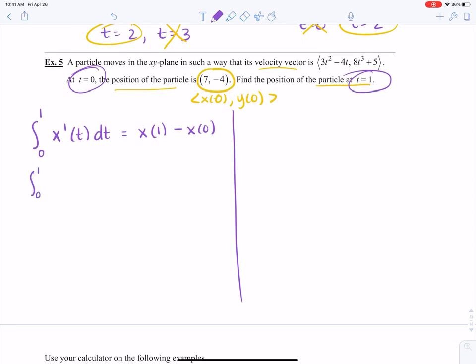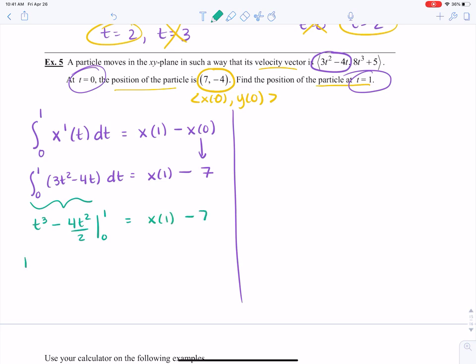I'm going to set up my integral from 0 to 1. We know that x prime of t is 3t squared minus 4t dt. We want to find the position at 1. We were given the position at x of 0 is 7. So now we're going to take the antiderivative of this and get t cubed minus 4t squared over 2, evaluated from 0 to 1.